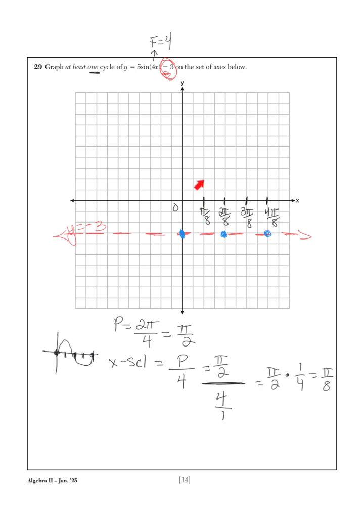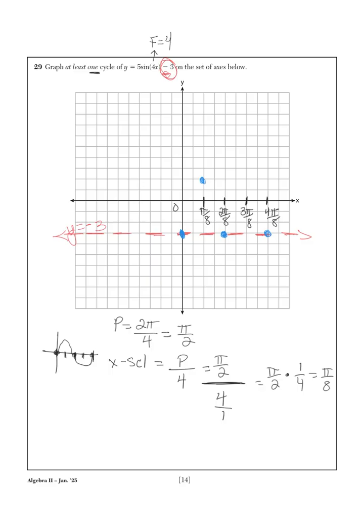So I'm going to put a dot right there. Okay, so that would be this guy. And then I'm going to do the same kind of deal here, except right now I'm going to go down. So I find the middle of these 2 guys, which is 3 pi over 8, and I'm going to go down 5. 1, 2, 3, 4, 5, and I'm going to put a dot right there.